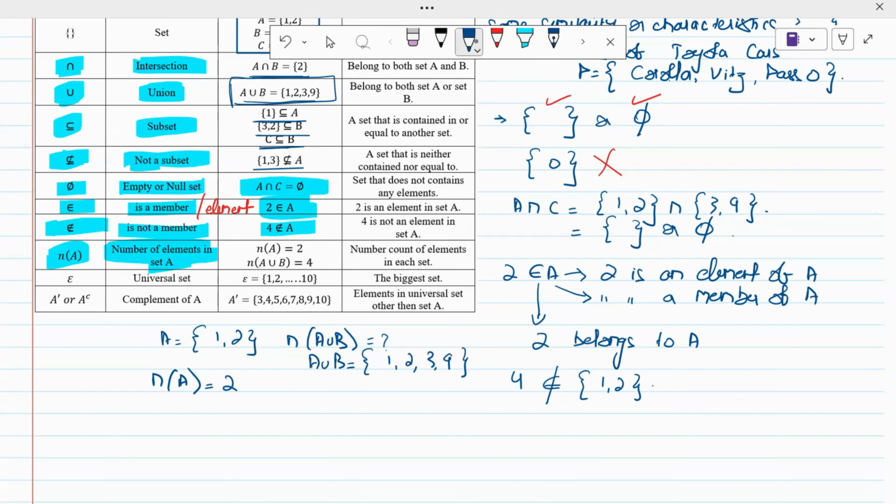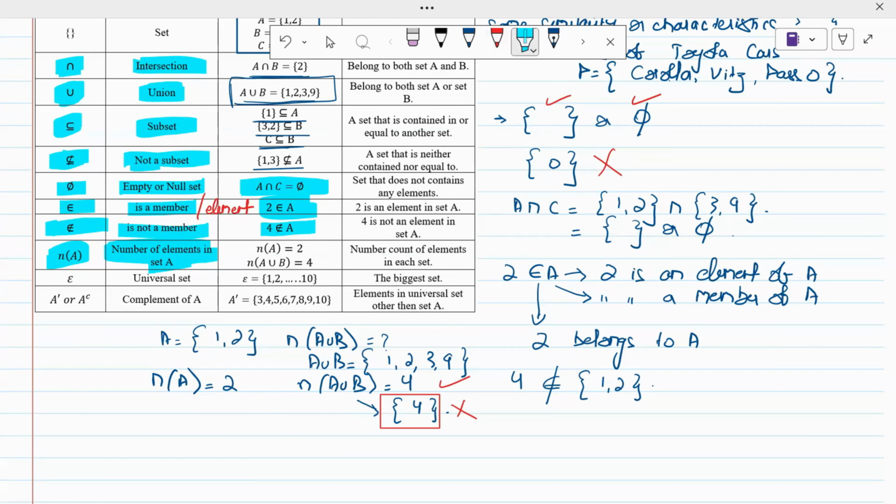And when it says N of A union B, you simply need to write the count, the number of elements in the set A union B. So there are only four elements, so you write the count as 4. Please don't write this as 4 inside the set. This is wrong because what this means is you're trying to say that 4 is an element of the set, whereas 4 has to be the count only. So this is right. You only write the count as a number only. Don't write the number inside the bracket.